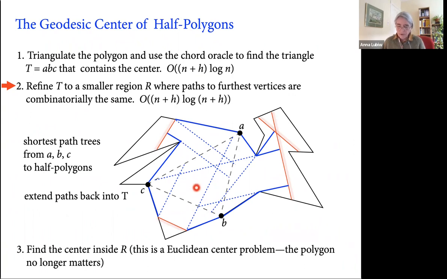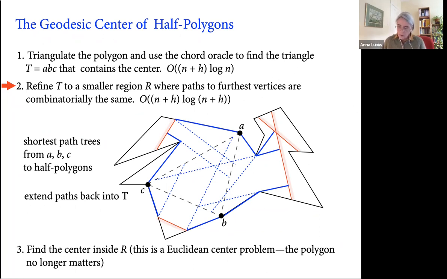For example, if you look in this region, my shortest paths to each of the half polygons are combinatorially the same. To get to this one, I always just go straight down. To get to this one, I always have to go through this vertex now. To get to this one, from here, I always go to this vertex and follow that edge. So inside each of these regions, my paths to the half polygons are combinatorially the same.